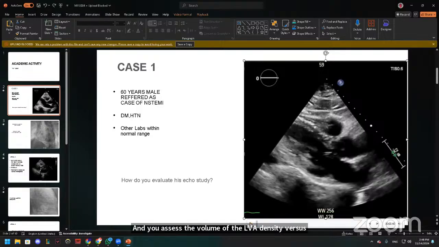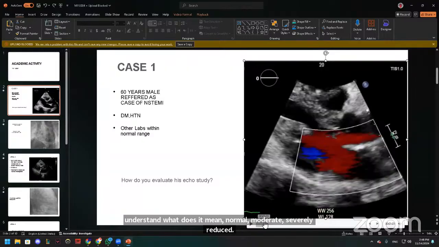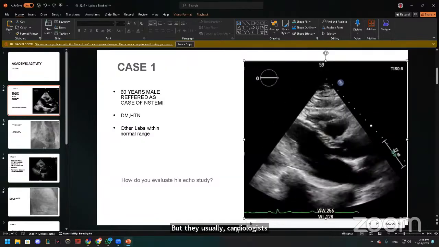So if you see the muscle moving toward each other in a good fashion, you need to look at multiple echoes to understand what normal, moderate, or severely reduced means. But cardiologists usually either qualitatively assess this visually, or they can do it quantitatively with something called shortening fraction.